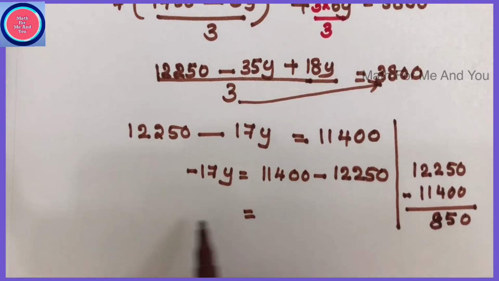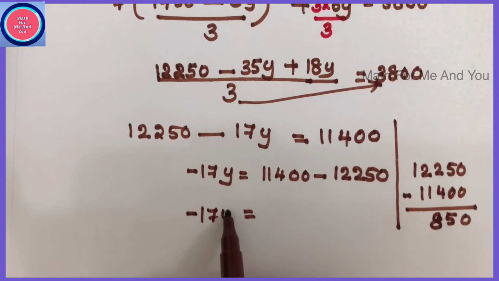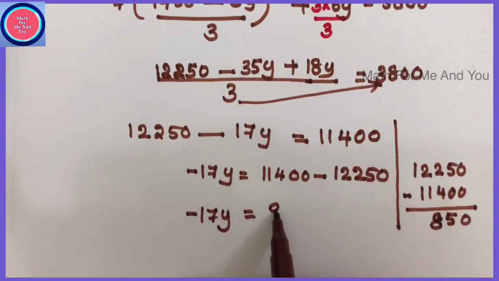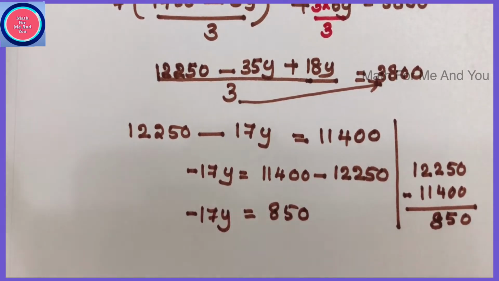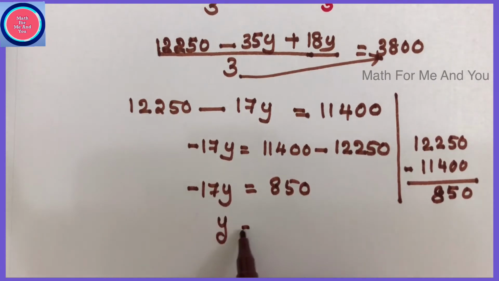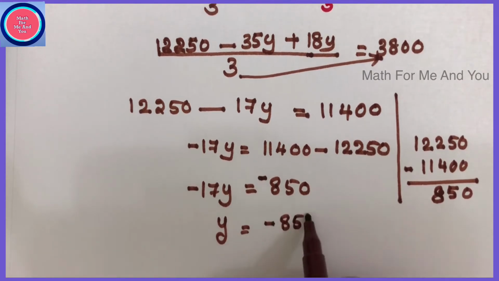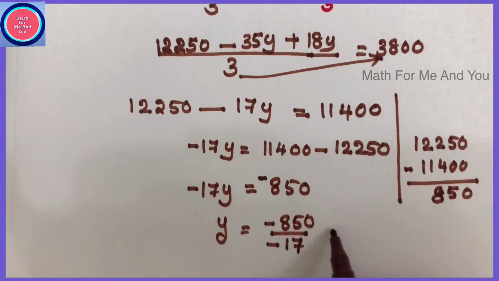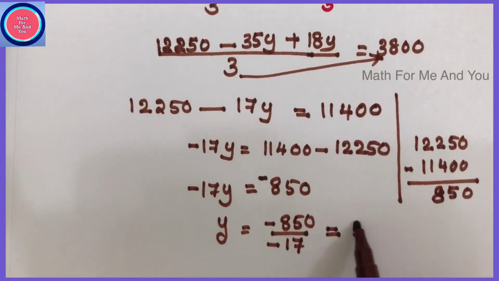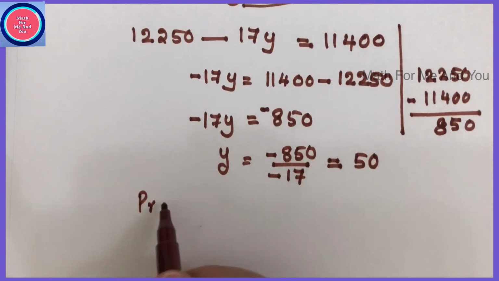We could write minus 17y is equal to 850, but see, the big number 12,250 is negative, so we have to change 850 with the negative sign. y is equal to minus 850 over minus 17. Negative negative becomes positive. After cancellation, we get the value 50. So we get y is equal to 50.